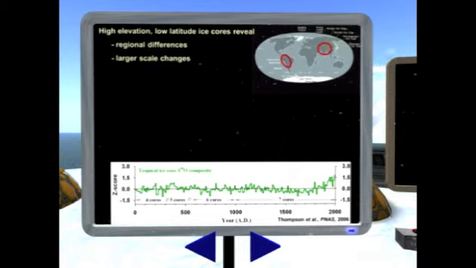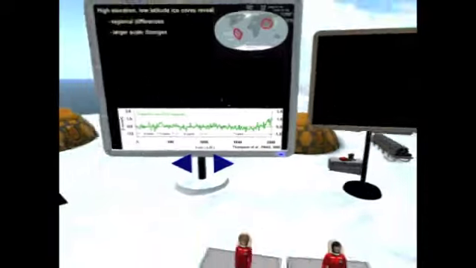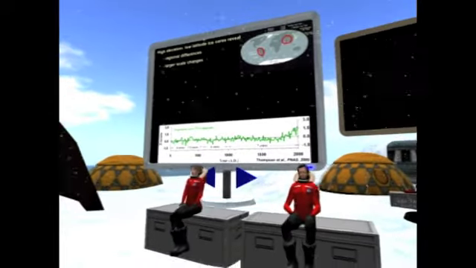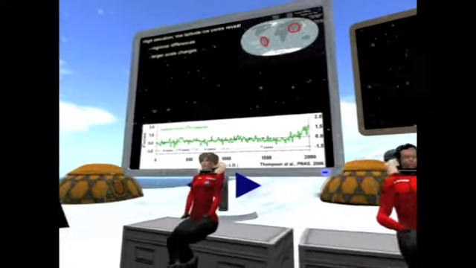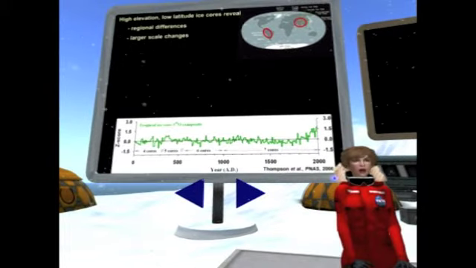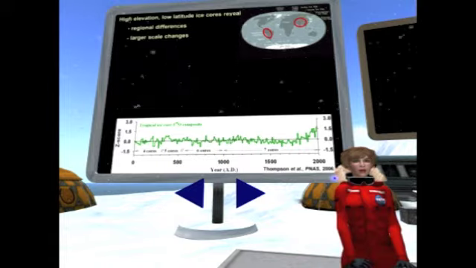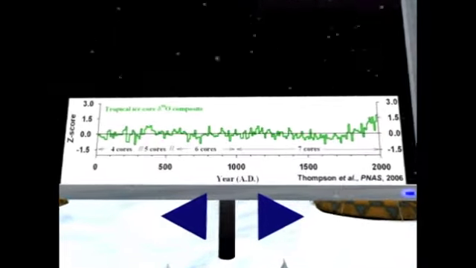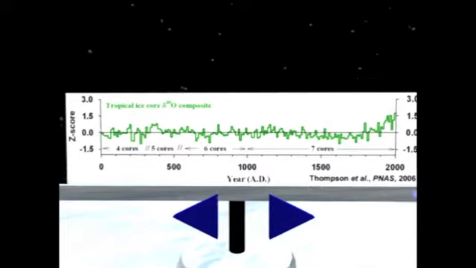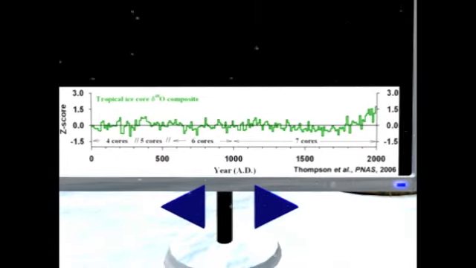If we take the average of the oxygen isotopic ratios from those 4 ice cores, and then in the other circle we have 3 ice cores from the Andes of South America, and we put those together, we get this green graph at the bottom. And essentially, again, today is on your right, and this is a 2,000-year history.